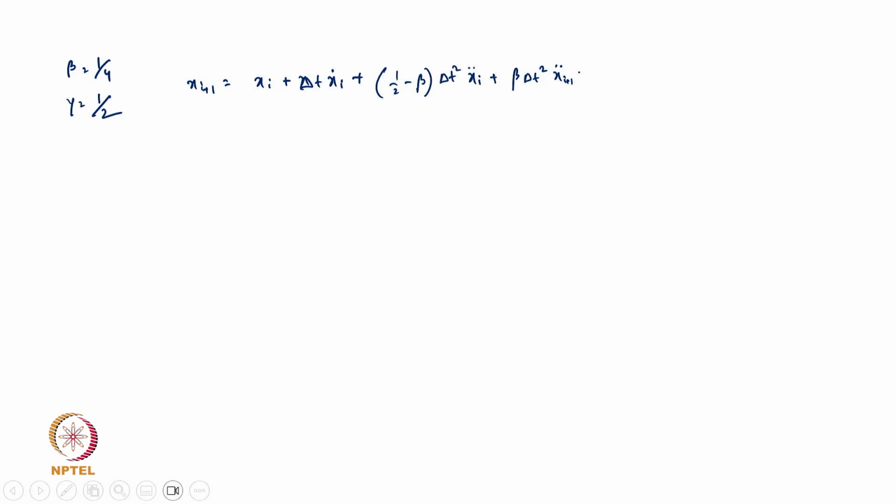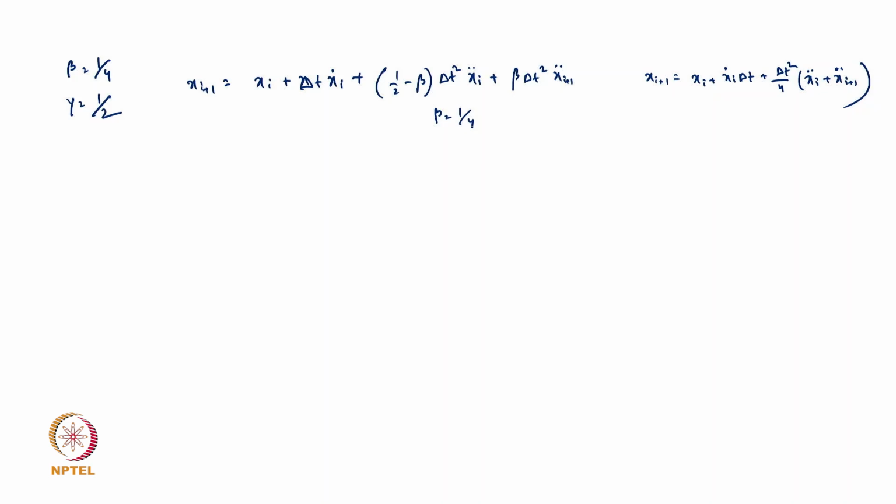Now you see, this is the term that comes from the Newmark beta. And if you see the constant acceleration case, the same term is coming: xi plus delta t square by 4 xi double dot. That comes from the constant acceleration. So you have to match these two things. What is the possibility? That is beta equal to 1 by 4. You see, both the terms will match.